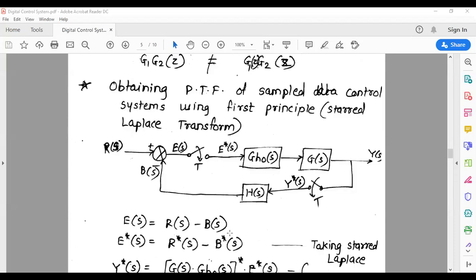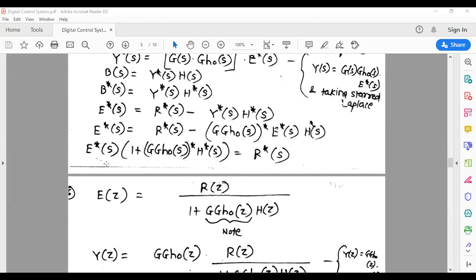If the question says you only find it till star, you can leave the equation at this particular point, or you can bring it down. So E star of s is nothing but E of z, R star of s is nothing but R of z, and H star of s will be H of z. This equation star is again your z.